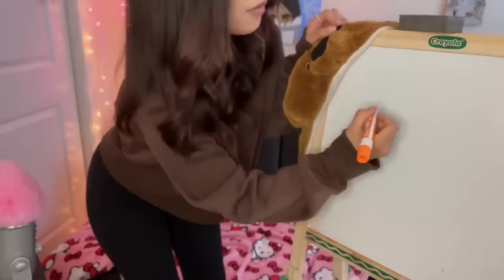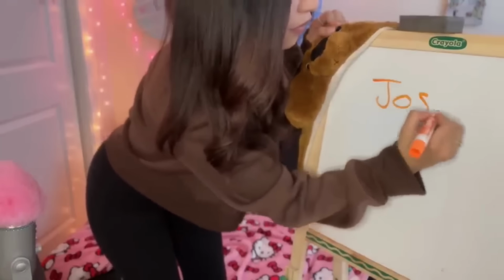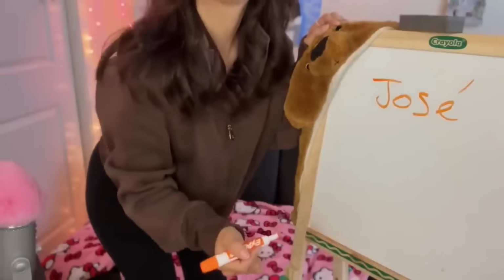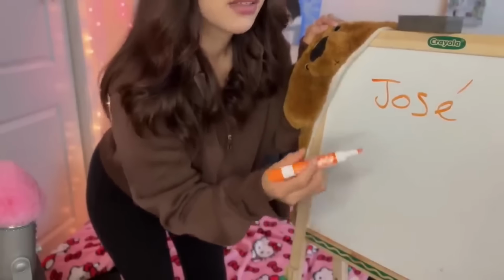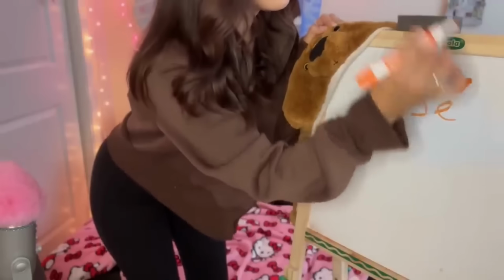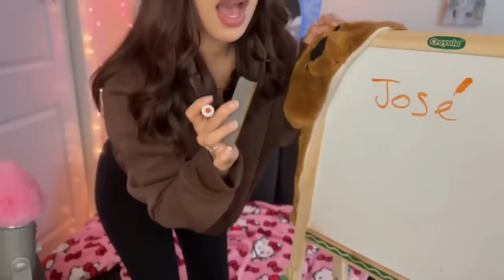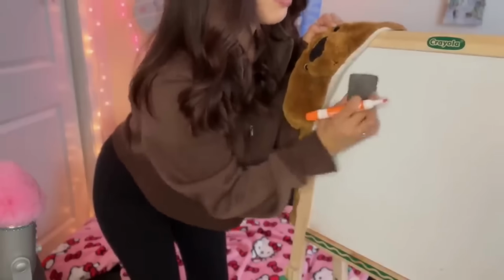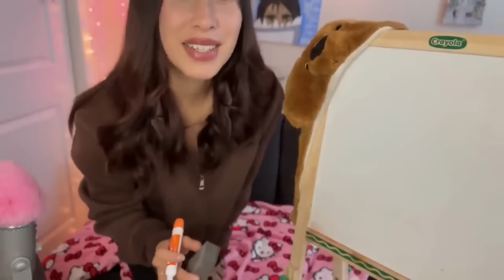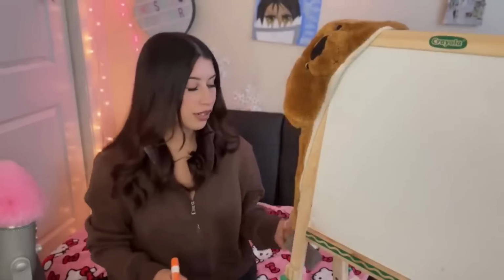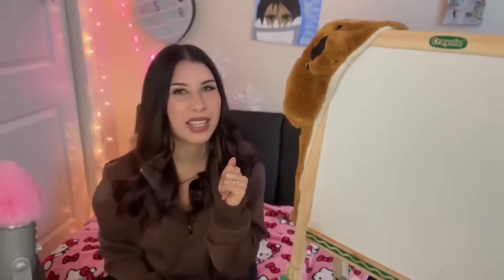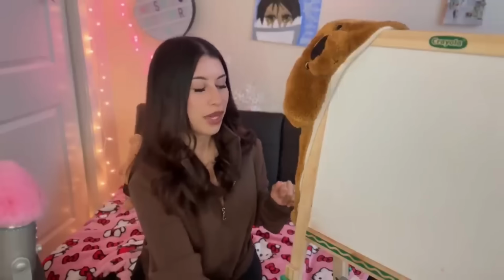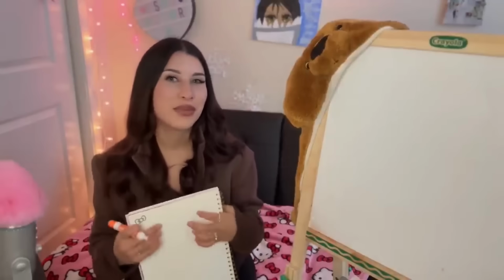So let's say we have José. You would say José. You get me? Yeah? Okay, perfect. Acentos just have to sound excited, is what I like to say. Okay. All right. We've made it this far.